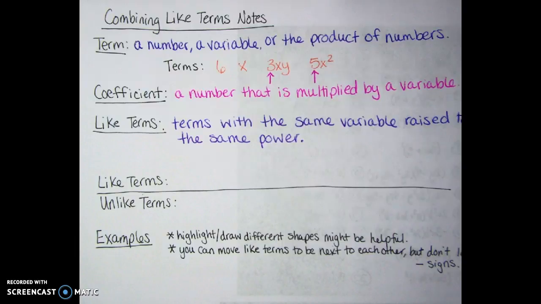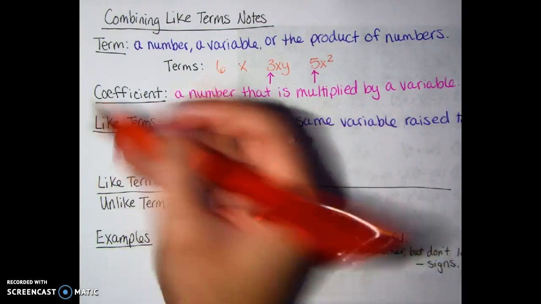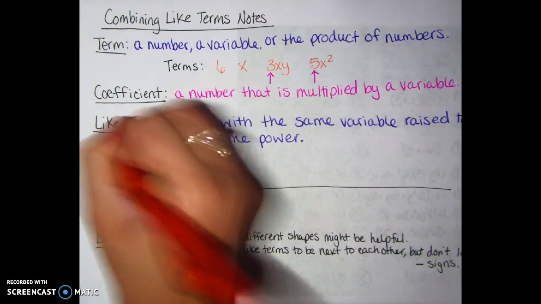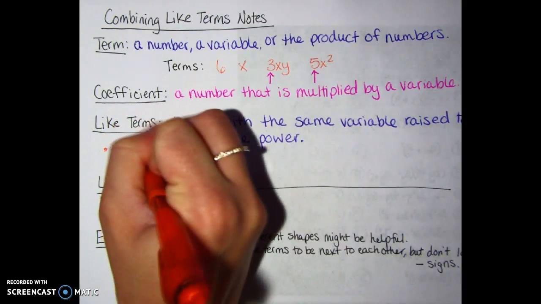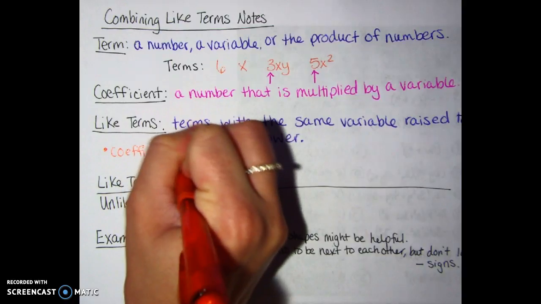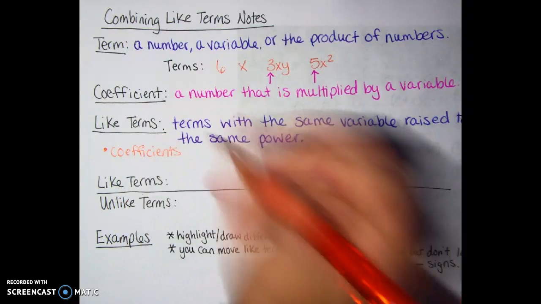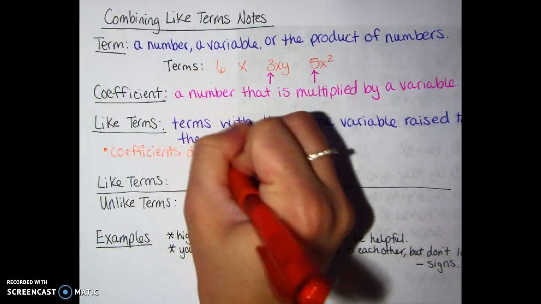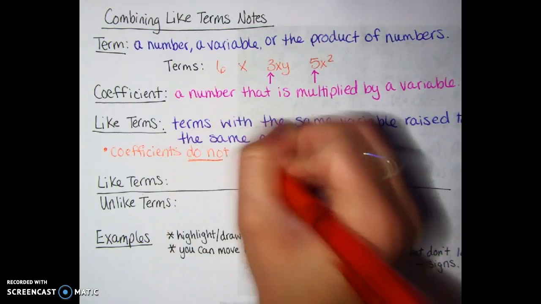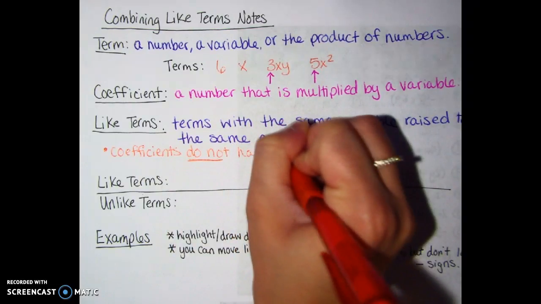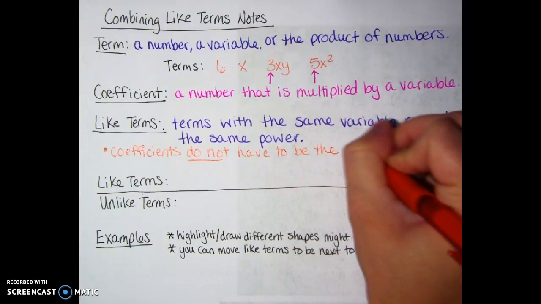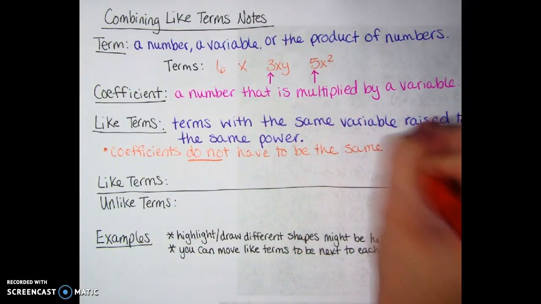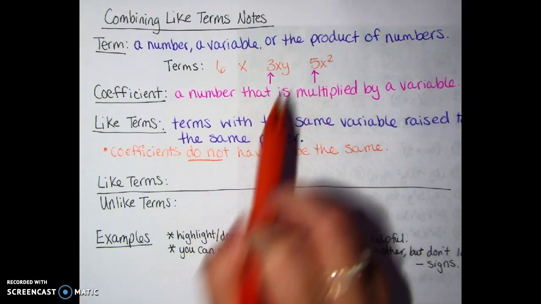Two things to keep in mind. Coefficients do not have to be the same. So they don't have to have the same numbers in order to add them together.